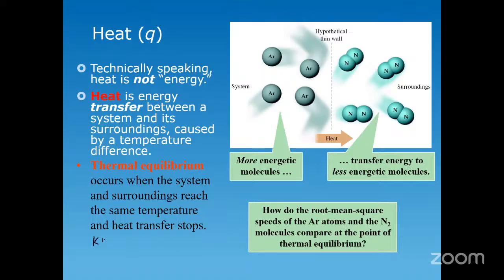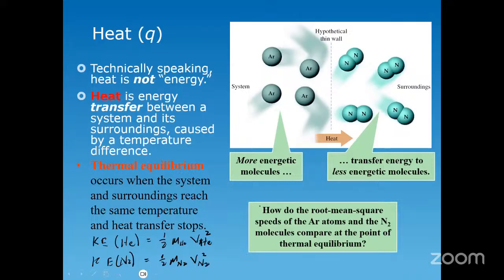Kinetic energy of helium is equal to half the mass of the helium atom times the velocity of the helium atom squared. And a similar formula for the kinetic energy of the nitrogen molecule would be equal to half the mass of the nitrogen molecule times the velocity of the nitrogen molecule squared.